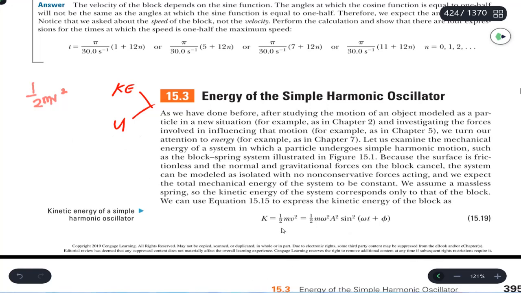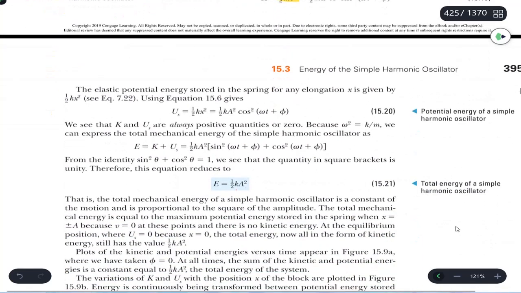Now, basically, half mv squared is the kinetic energy we have seen earlier. On the other hand, there is one additional energy called potential energy, which we can calculate by using half k times x position squared.